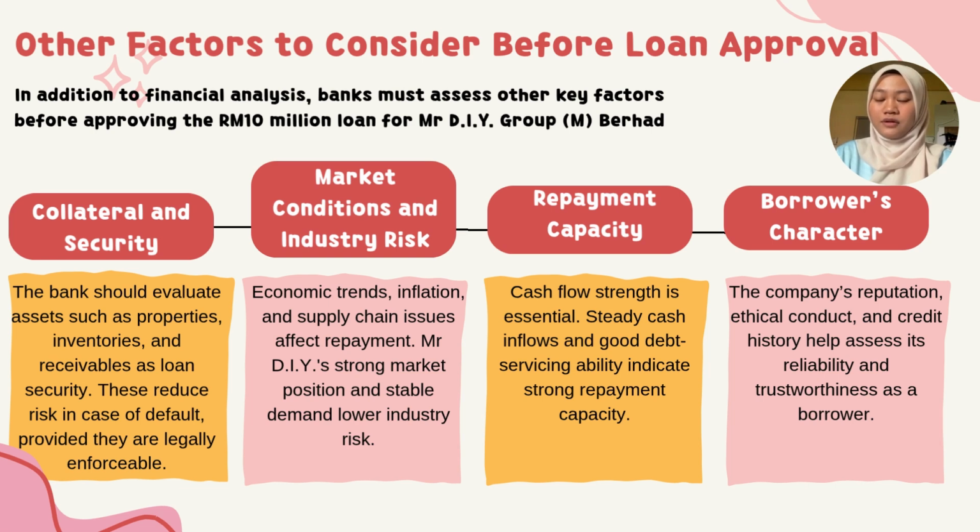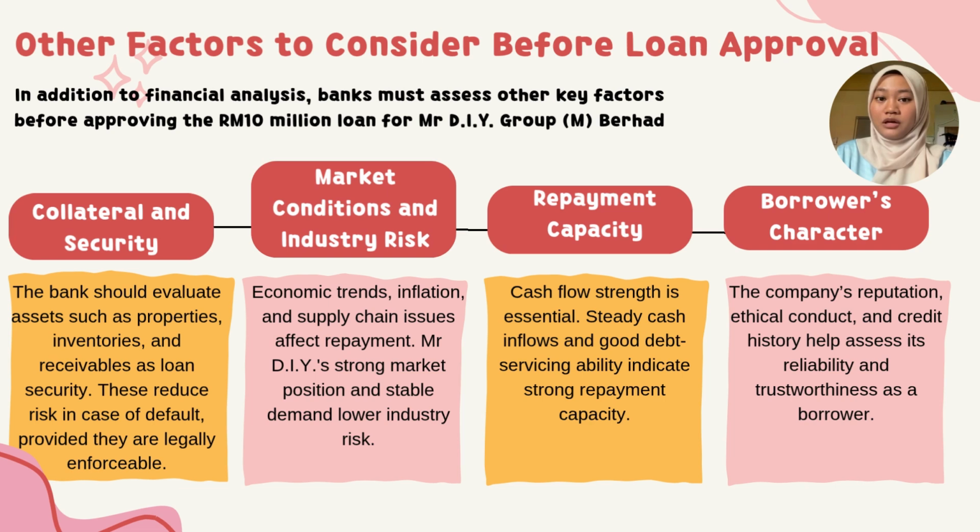So first, we evaluate collateral and security for Mr. DIY. This could include properties, inventory, or receivables. These assets help reduce the bank's risk if repayment issues arise. And second, we assess market conditions and industry risk.